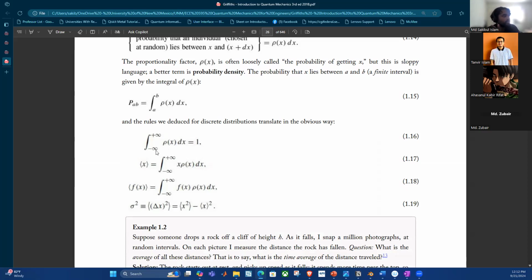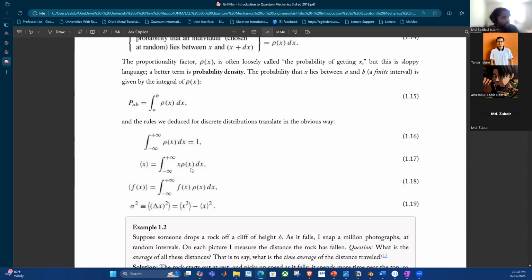The integration from minus infinity to plus infinity of this probability density, the probability that variable x lies between minus infinity and plus infinity, will be 1.